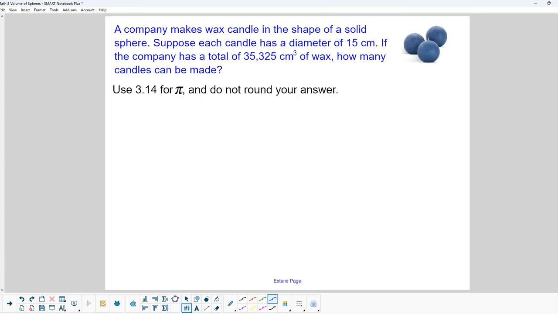Actually, I think we do have one more, don't we? The company makes wax candles in the shape of a solid sphere. Suppose each candle has a diameter of 15 centimeters. Uh-oh, there's a diameter. Hopefully when I did this, I used the radius. If the company has a total of that much wax, how many candles can be made?